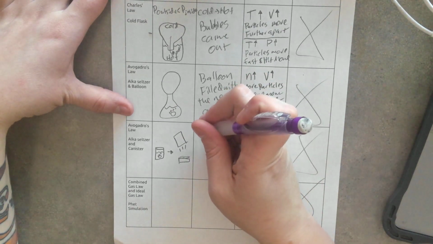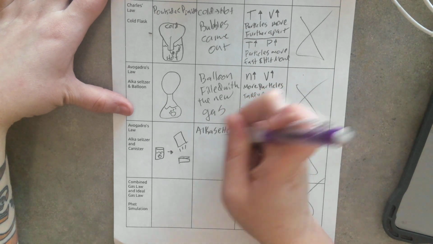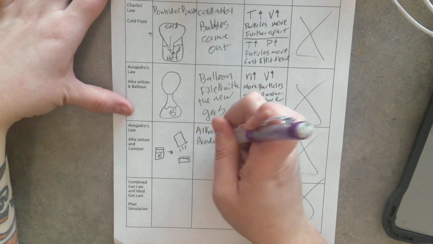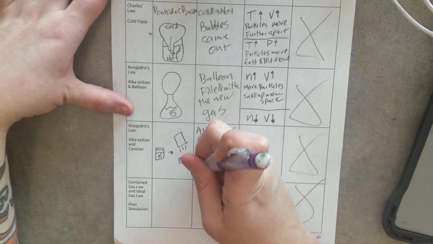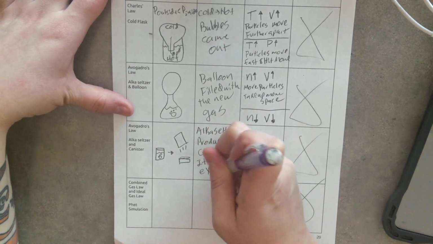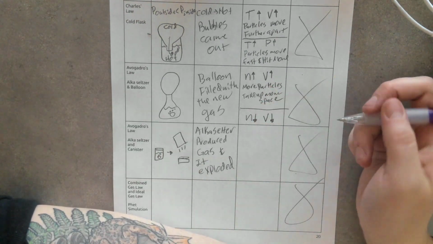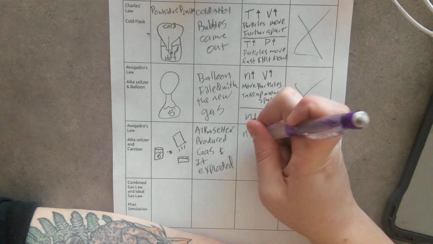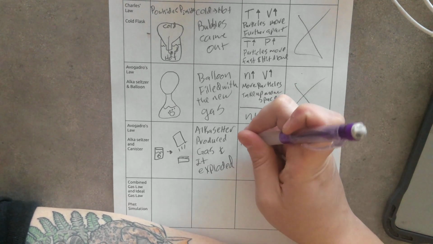Okay, so Alka-Seltzer produced gas and it exploded. So in this one, we saw that as we add more particles, our pressure increases.